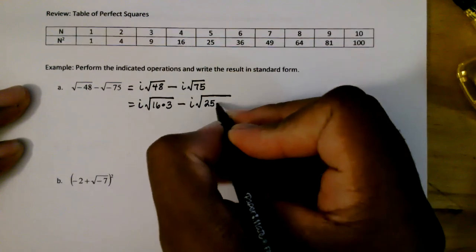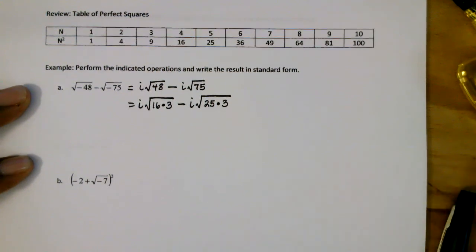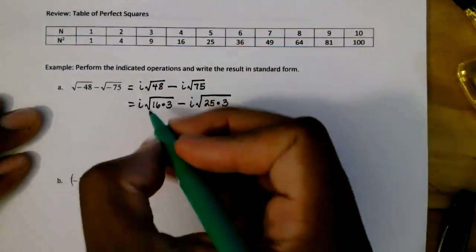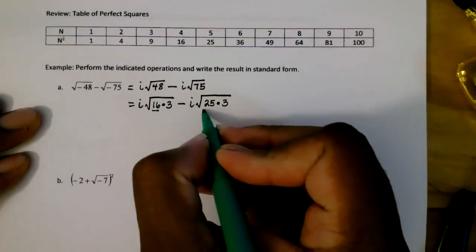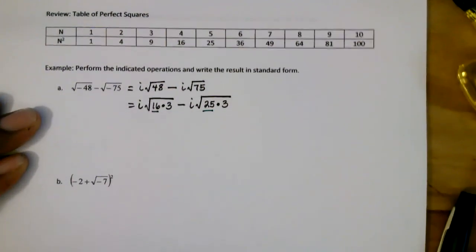So 75 can be written as 25 times 3. And then we can take the square root of our perfect squares. That's the square root of 16 and the square root of 25. We can take the square root of those.